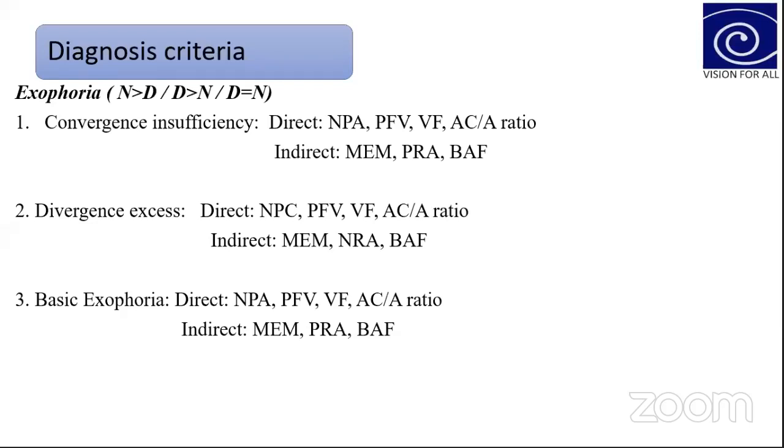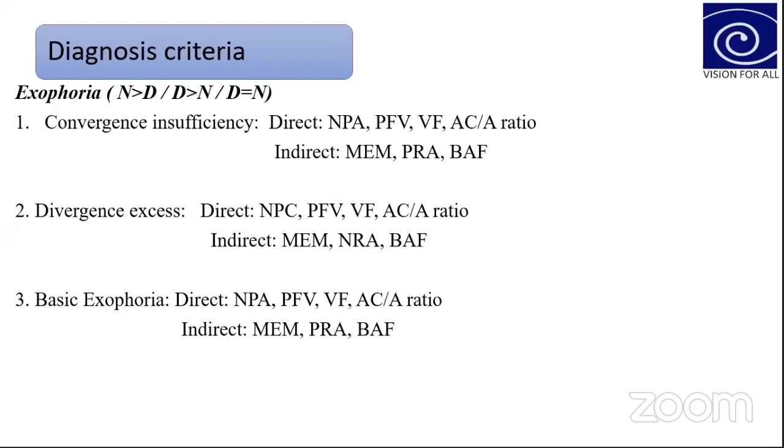Some things will apply to your divergence axis as well, and to the basic exophoria as well. Also, one thing in divergence axis, the NPC may or may not get affected.